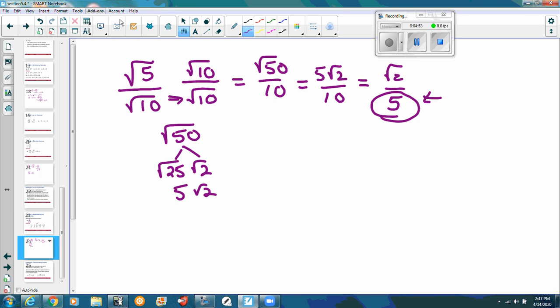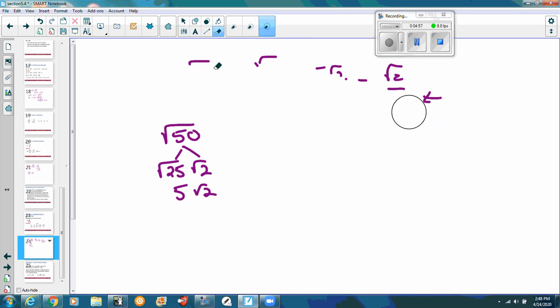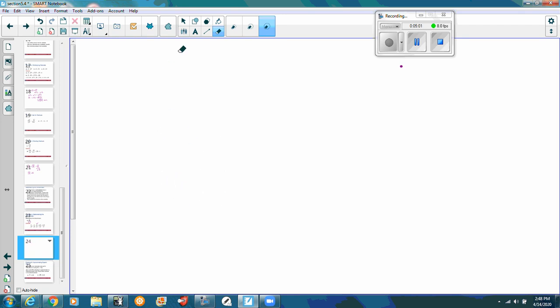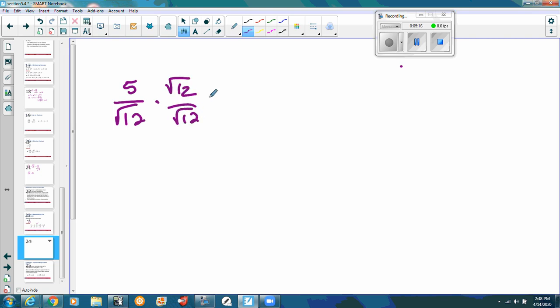So let me try another one here and show you how that's done. So if I did 5 over radical 12, okay, so I would multiply by radical 12 because I'm only worried about the denominator. So that would give me 5 radical 12 over 12.